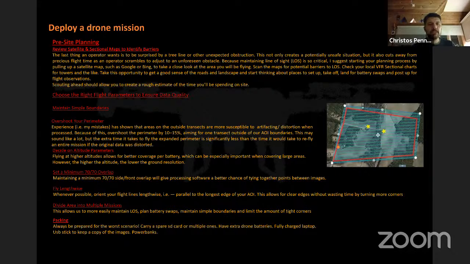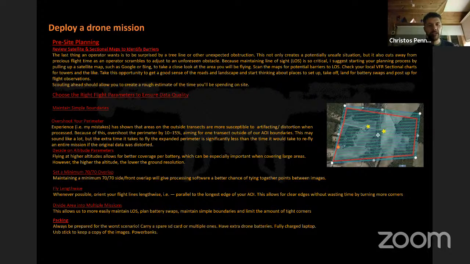It is important to overshoot the perimeter of the area that we are planning to scan. Most people say that it should be 10 to 15% in order to get a high resolution model even at the borders of our area.